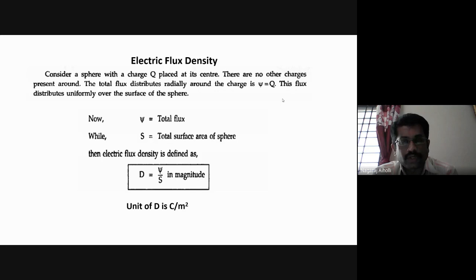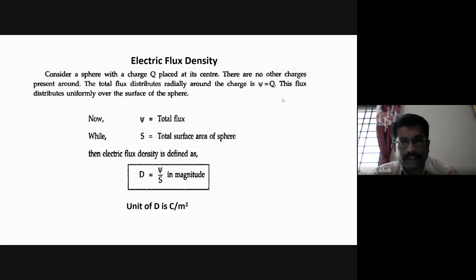If we consider the constant of proportionality as 1, because both are in the same medium, then psi becomes equal to q.